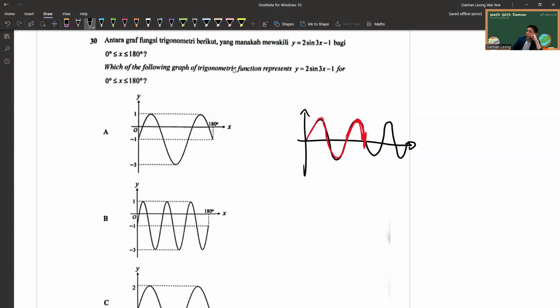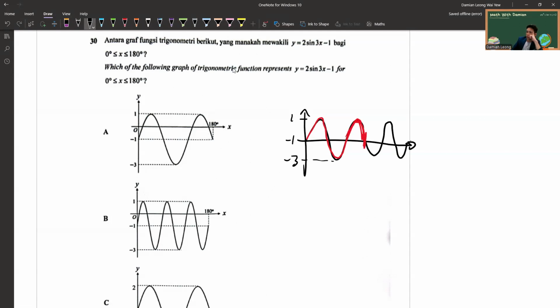So the 2 here means goes up. Actually, no, sorry. 2 here means amplitude is 2, but minus 1 means the centre is at -1. So this is at -1, means it goes up to 1, goes down to -3. Up to 1, down to -3.